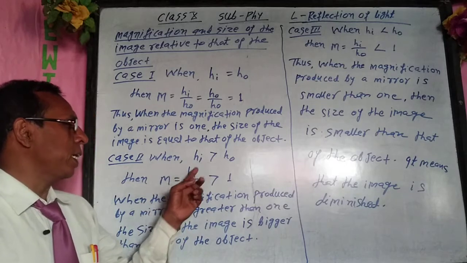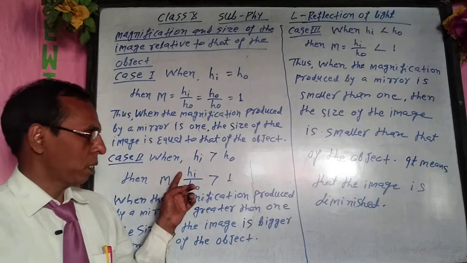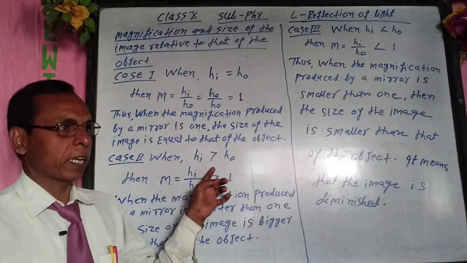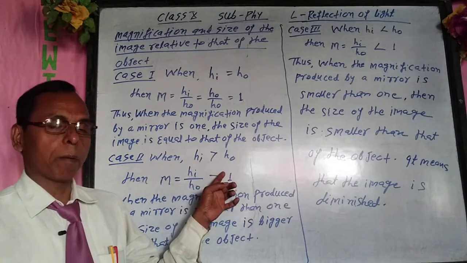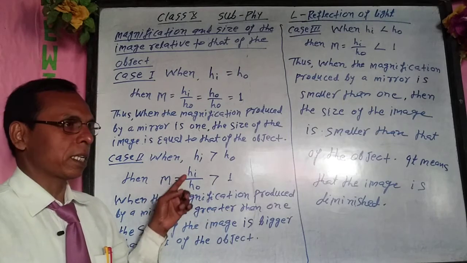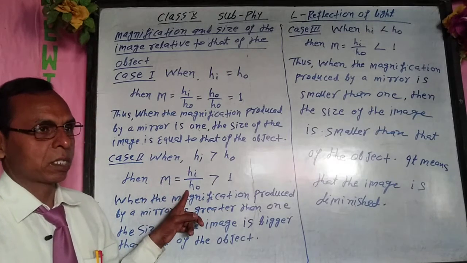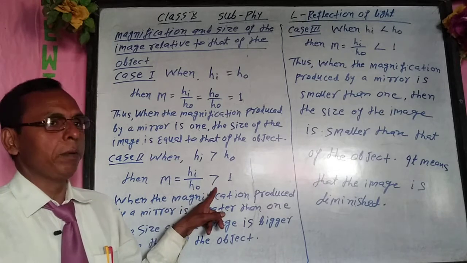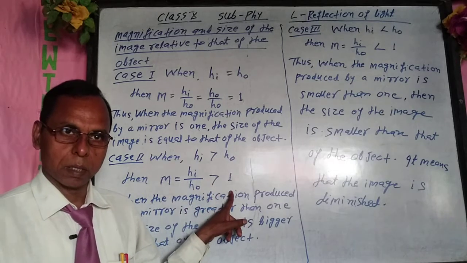Here the numerator is greater because the height of image is greater than the height of object. Hence numerator is greater than denominator, hence its value will be greater than 1.